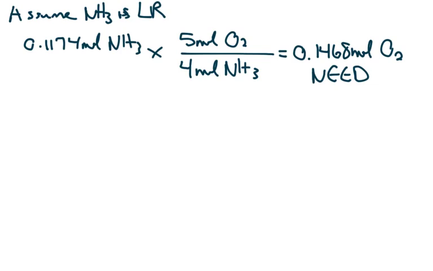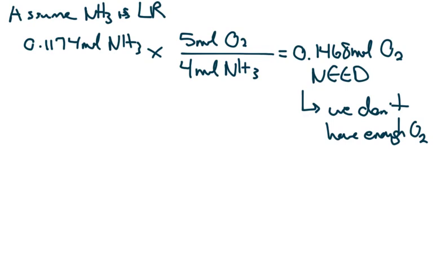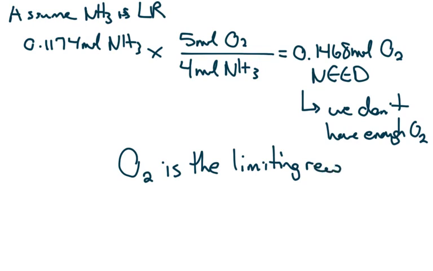Meaning, let me just say this a little nicer. In layman's terms, we don't have enough O2, meaning that O2 is the limiting reagent. So in actuality, our assumption was false when we said that ammonia was the limiting reagent, but that's okay.